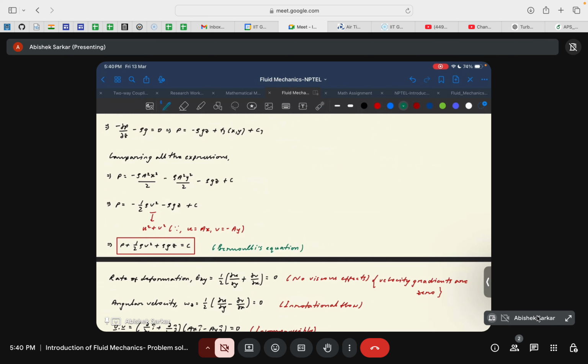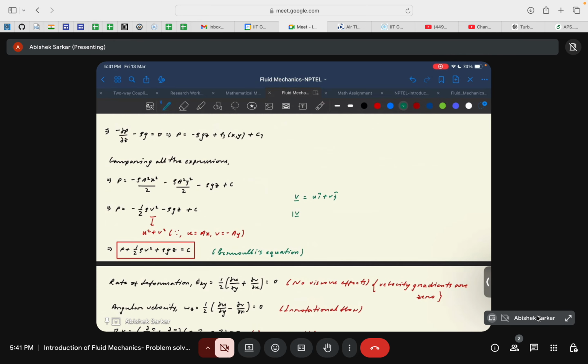If you have the velocity vector, say capital V, as u i cap plus v j cap, then the magnitude of the velocity vector V would be the square root of u square plus v square, which would be the square root of, in this case, a square x square plus a square y square, correct?